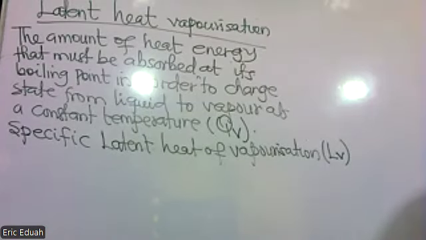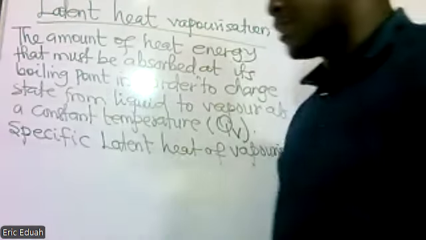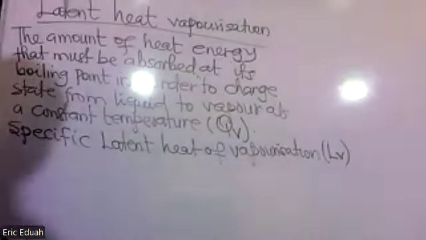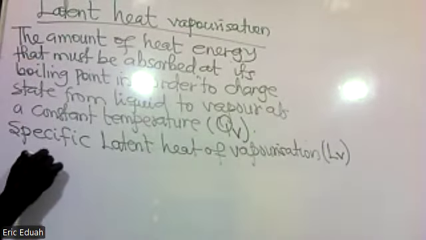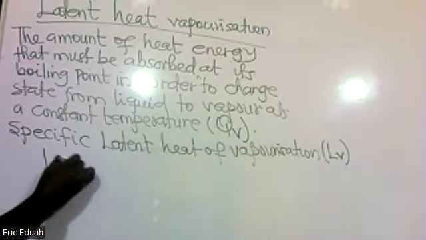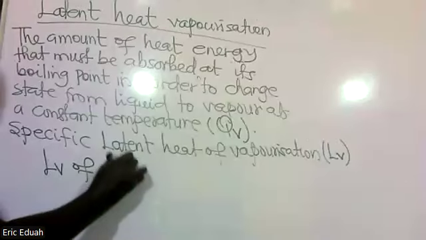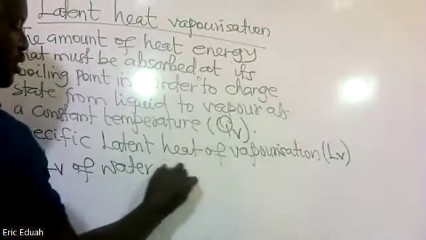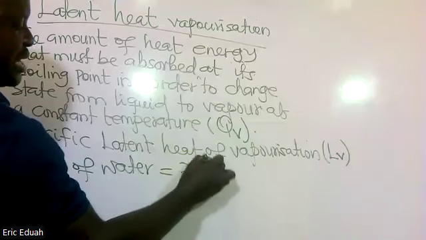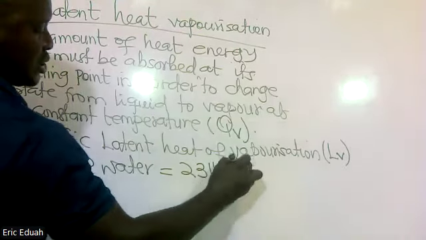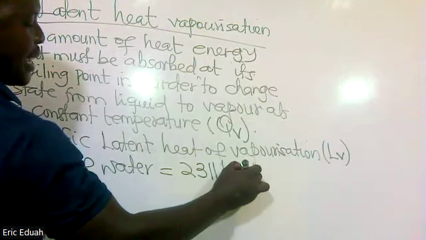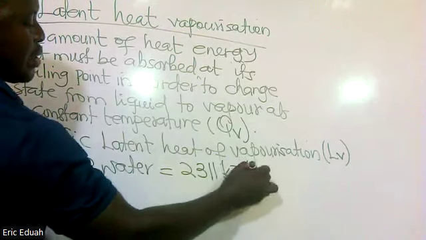Now the specific latent heat of vaporization of water is 2,311 kilojoules. L subscript V of water is 2,311 kilojoules per kilogram.